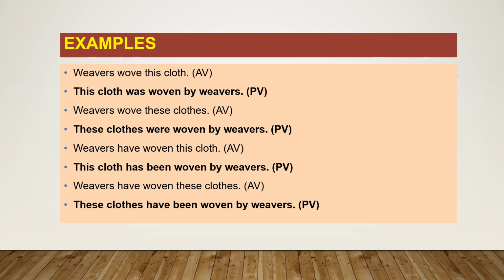Weavers is plural, so we used have. Cloth is singular, so we use has been woven. And by weavers, weavers subject becomes object using the preposition. Now we come to the plural form. Weavers have woven these clothes. So these clothes have been woven, not has anymore, because clothes is plural, have been woven by weavers.